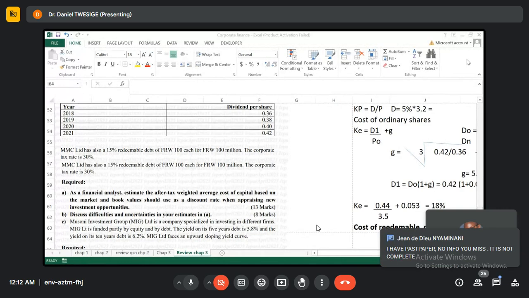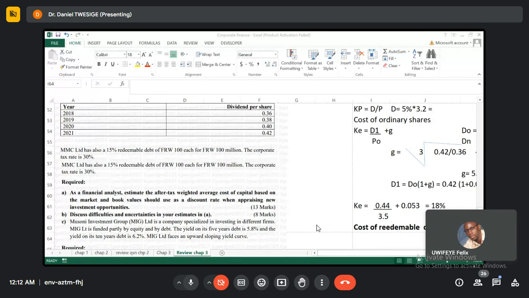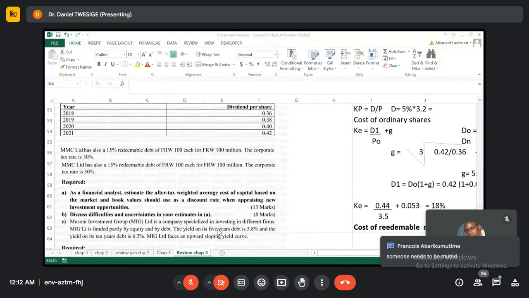We are not given the market value of the debt. We are only given the par value. I'm only seeing the par value, friends.